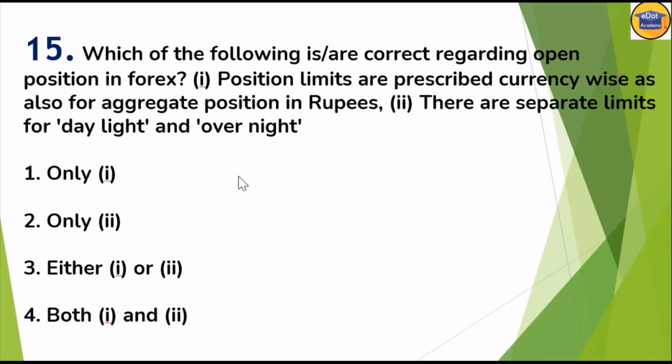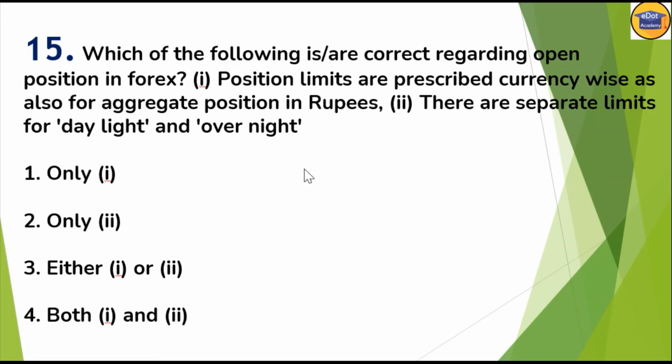Now question 15, again a concept based question. Which of the following are correct regarding open position in forex? Number 1, position limits are prescribed currency wise as also for aggregate position in rupees. Number 2, there are separate limits for day, light and overnight.